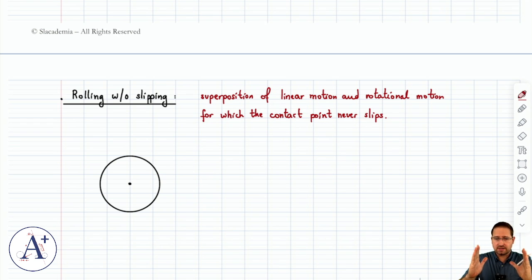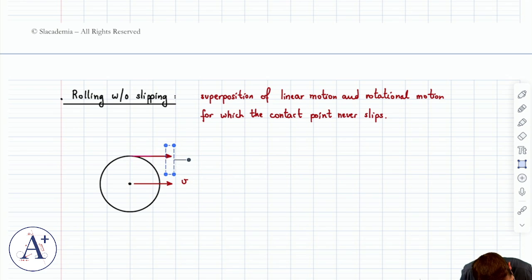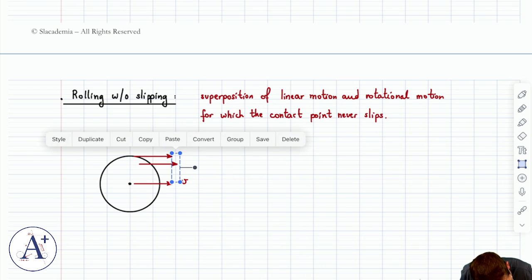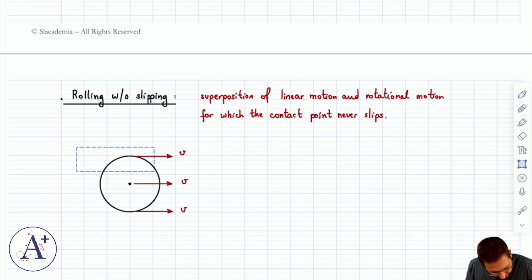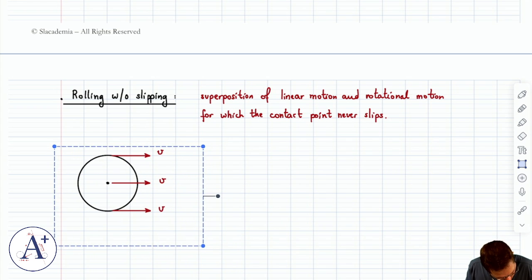I just take it and I'd slide it to the right as a whole, right? And so the center of mass would have a speed v then, but in fact every point of the ball, the top, the bottom, the middle, any point you can imagine would have the same speed v, because that is what translational motion is. The entire object moves in a single direction with the same speed for every point of that object, okay? So that's linear motion or translational motion.